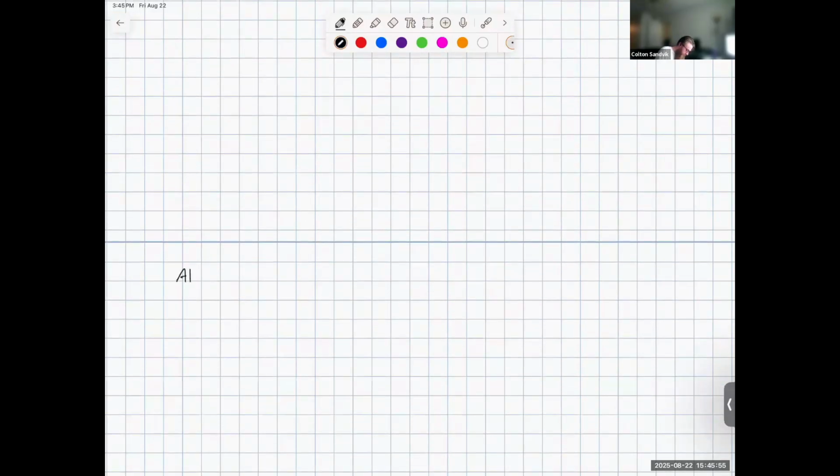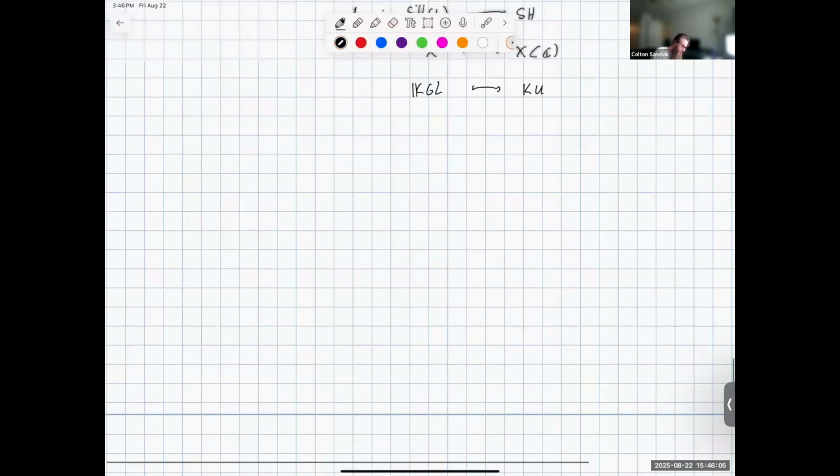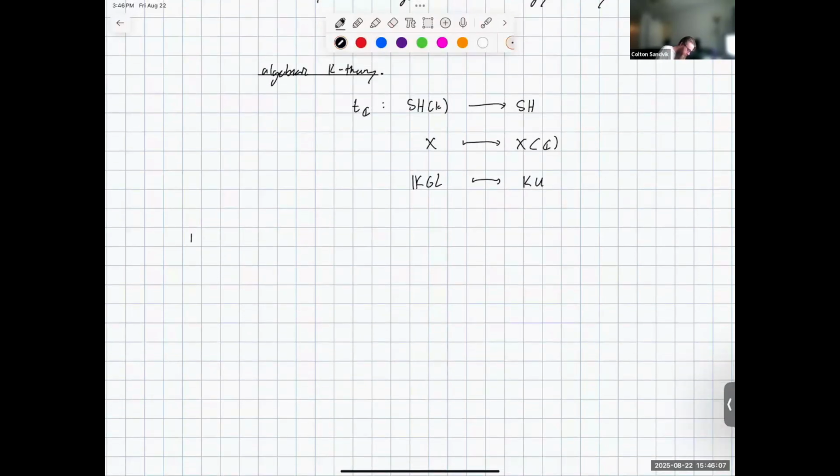So what I want to do now is talk about cobordism. Oh, sorry, there's one remark I should make. I said that there is a relationship between this and algebraic K-theory. I'm just going to state what that result is.